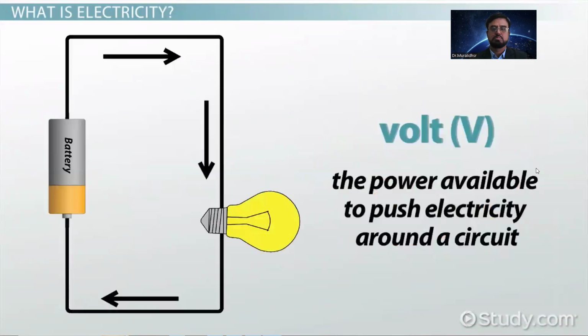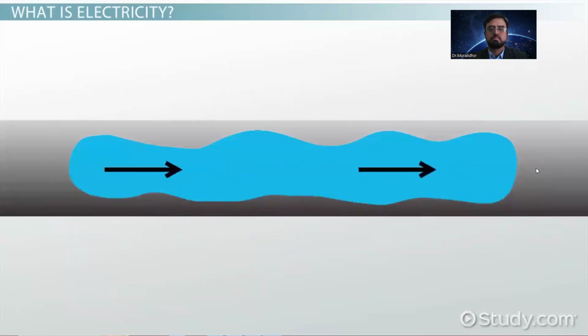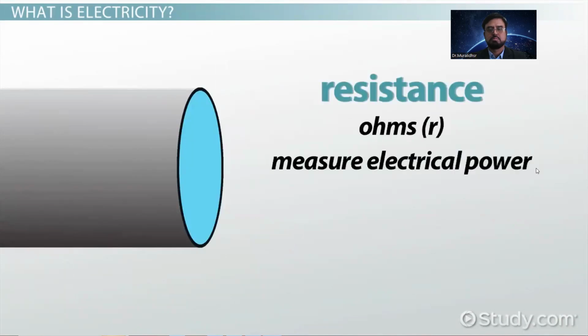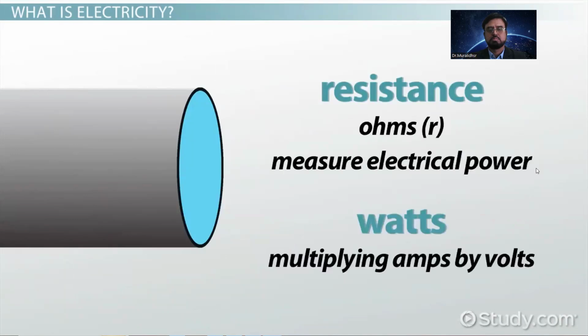The volt, V, is the power available to push electricity around a circuit. Think of it like the water pressure in a pipe. The more voltage you have, the more quickly electricity flows through a circuit. Resistance, to take the analogy further, would be pipe size and is measured in ohms, R. We measure electrical power in watts, which is obtained by multiplying amps by volts.